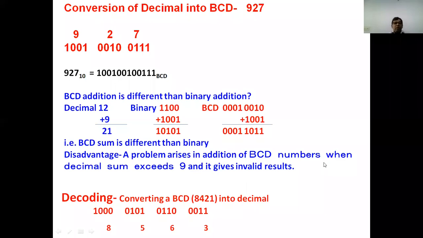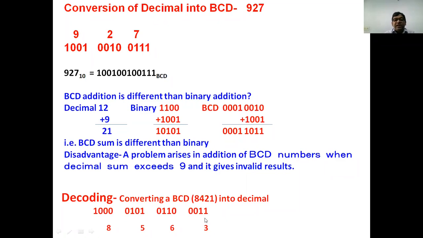Now what about the decoding? Earlier we talked about the coding of BCD, but what about the decoding? Suppose there is some number, this will be grouped in the form of nibbles, and those nibble bits will be converted into decimal numbers.